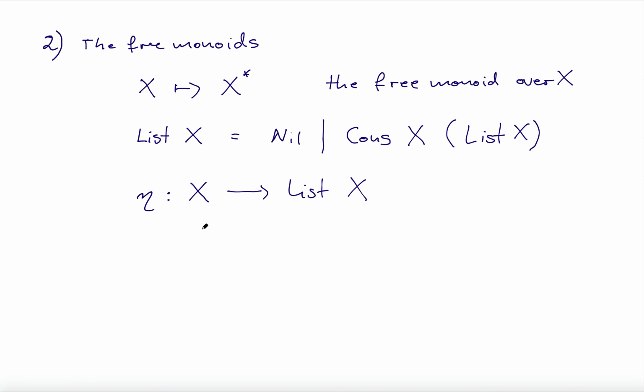In the case of lists, what is the eta doing? It just takes a variable and turns it into a list that contains the X. So a singleton list. If you think of X as variables, then this operation is also called insertion of variables.